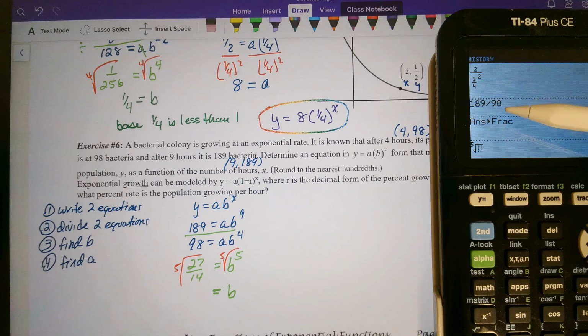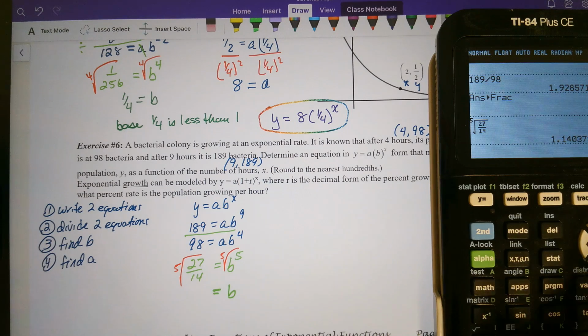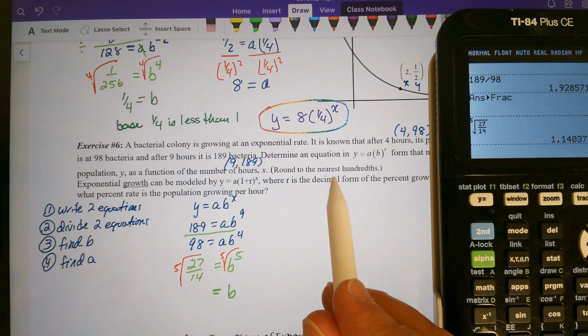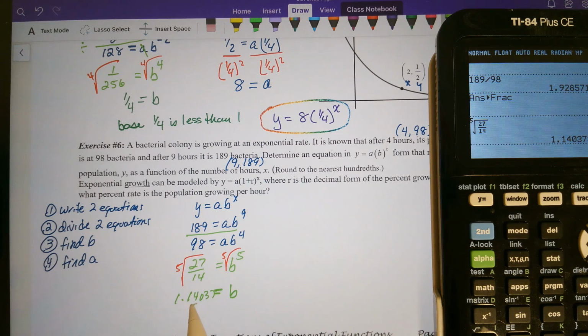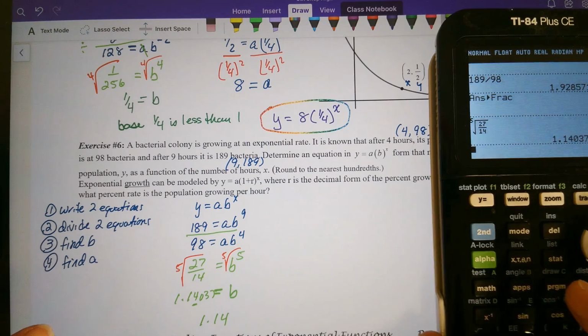Or I could go up and grab the original 189 divided by 98. We're to round to the nearest hundredth. So B equals 1.14037 something. 4 is in the hundredths place, so 1.14 is our B value.